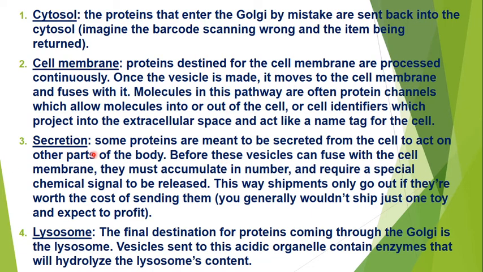And then about the secretion. Some proteins are meant to be secreted. They secrete the proteins, and the functions of the proteins are given here. Then the lysosome, the final destination of proteins. Vesicles are sent to this acidic organelle, which contains enzymes that will hydrolyze the lysosome's content.